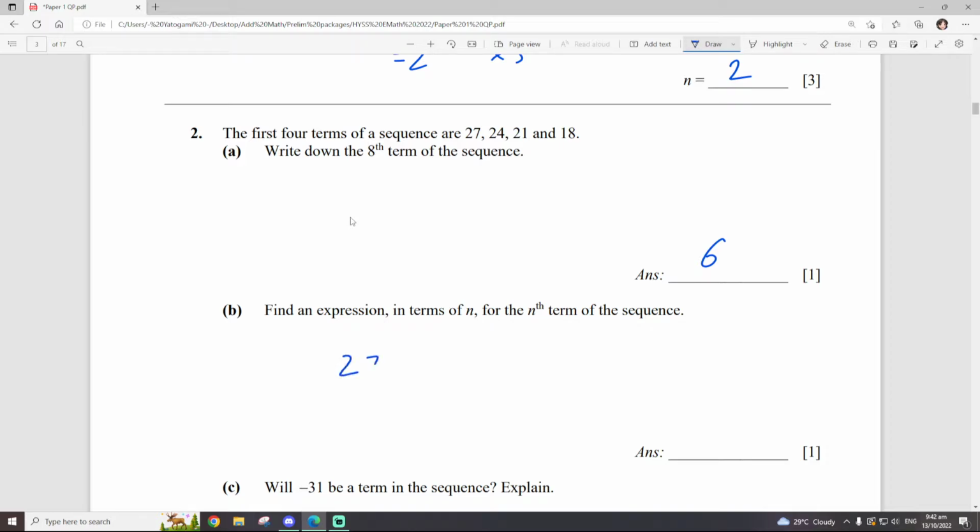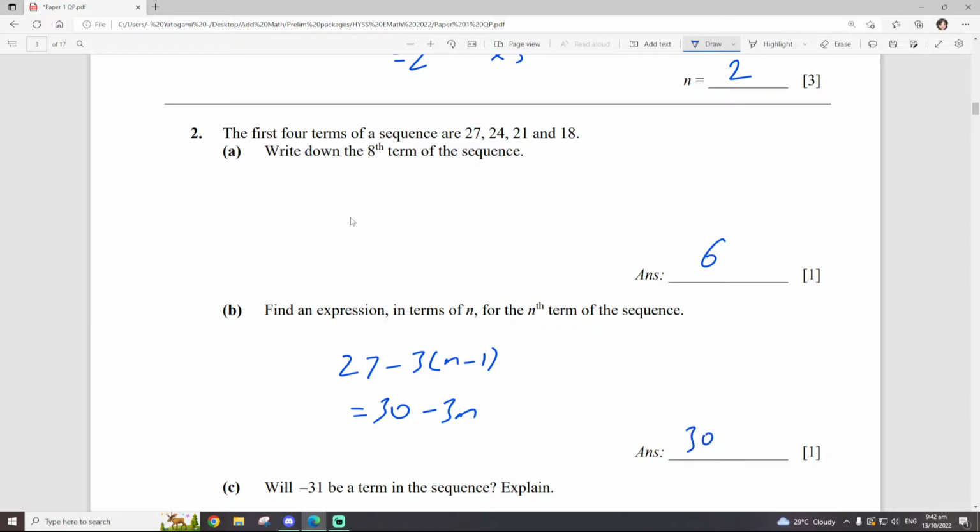This is an arithmetic progression with first term 27 and common difference minus 3, which can be simplified to 30 minus 3n. You can verify that: the first term is 30 minus 3, which is 27. The second term is 30 minus 6, which is 24, and so on.